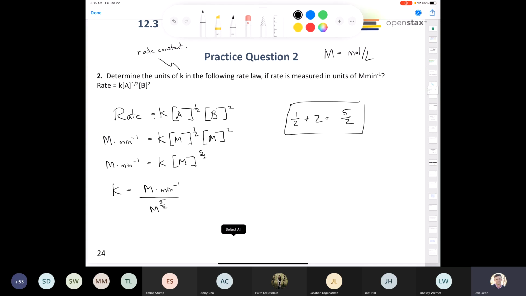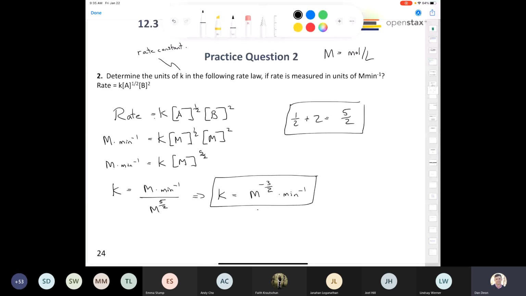Well, if we take 1 and we subtract 5/2, what do we get? We get that our K is going to be equal to what? Moles to the -3/2 per minute. And so those are the units of our K. Again, I'm just doing the simple math in my head.